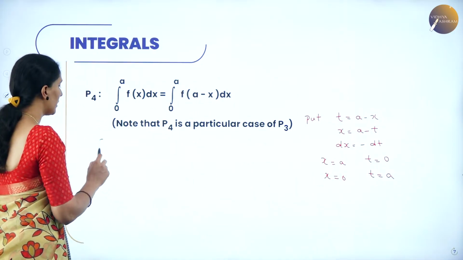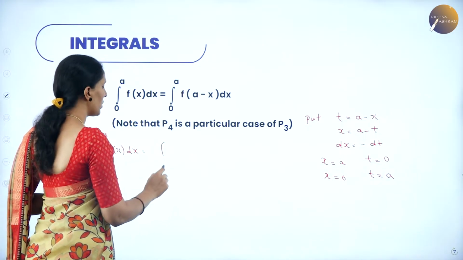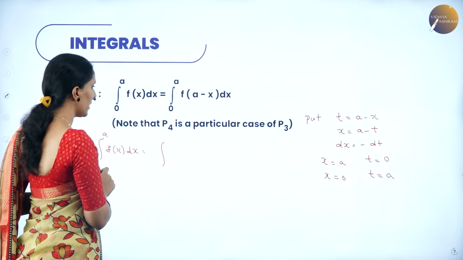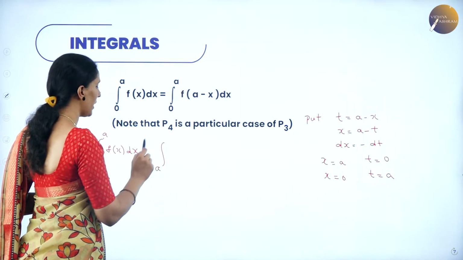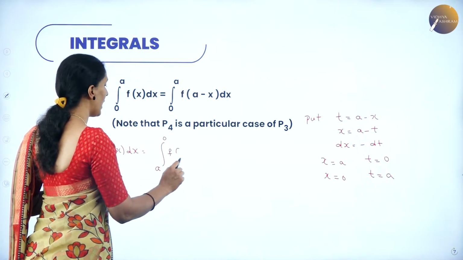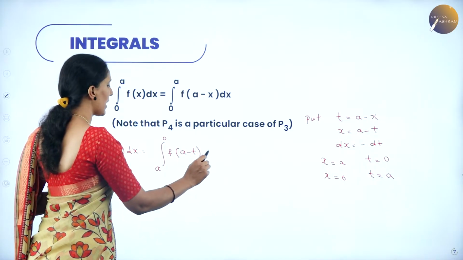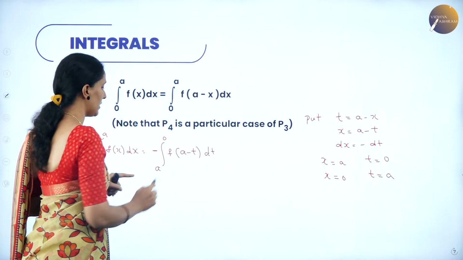Now take the integral from 0 to a of f of x dx. Change the limits now. If x is equal to 0, t is equal to a. If x is equal to a, t is equal to 0. And in f of x, x can be written as a minus t, and dx can be written as minus dt.